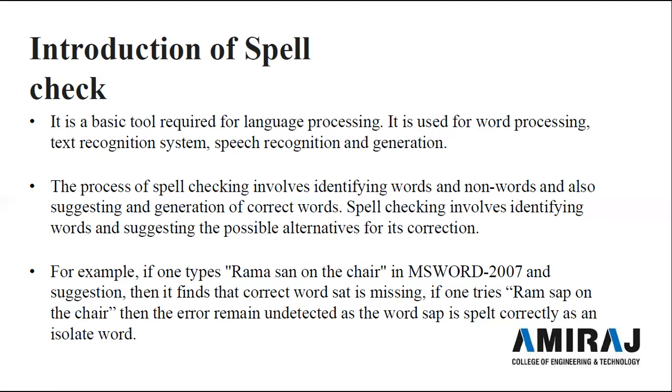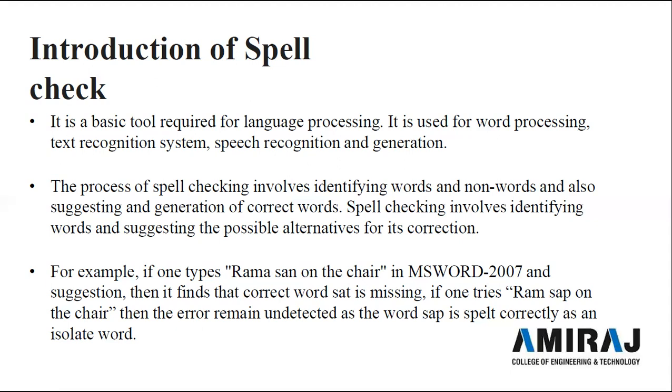But what if we try to type "Rama sap on the chair"? Then the error remains undetected, as the word sap is spelled correctly as an isolated word, right? So the word sap is not fitting there in that sentence. It is not giving any meaning.